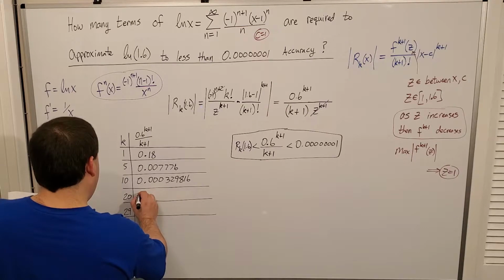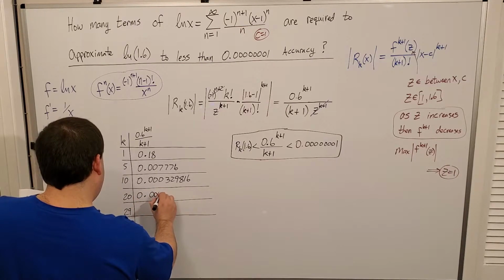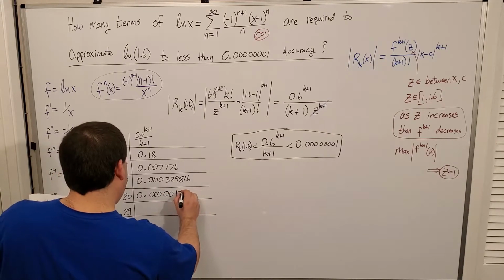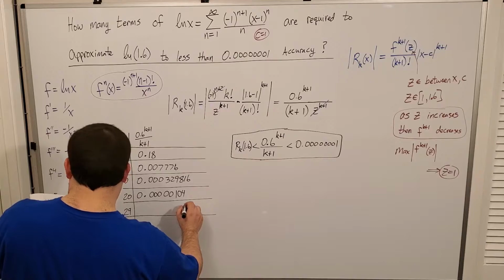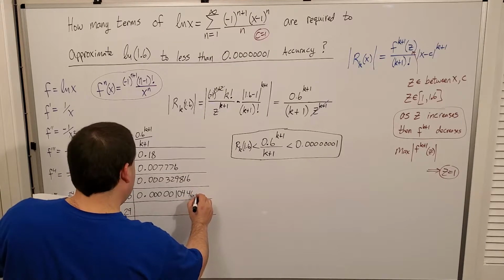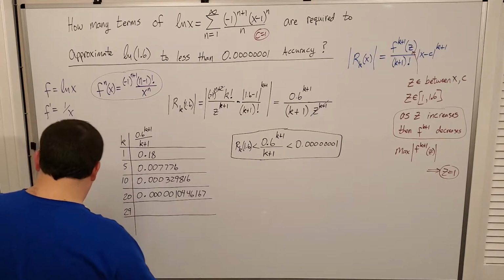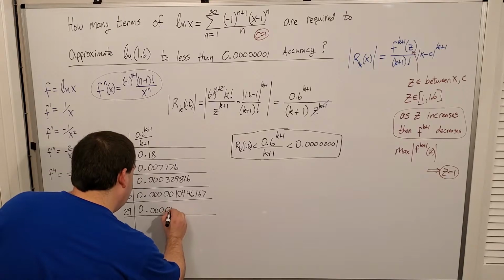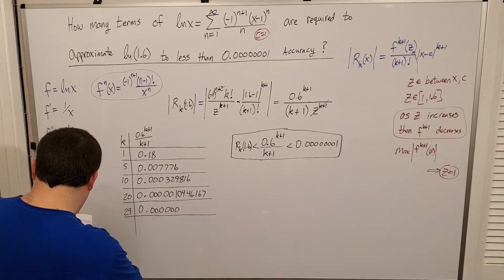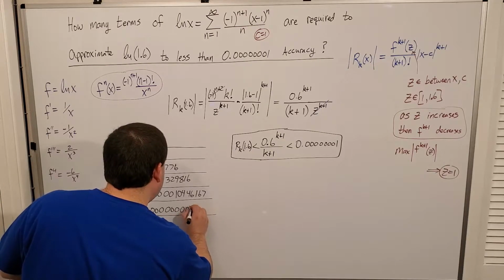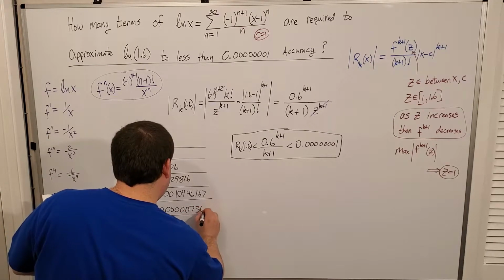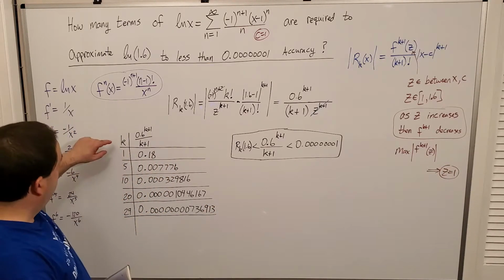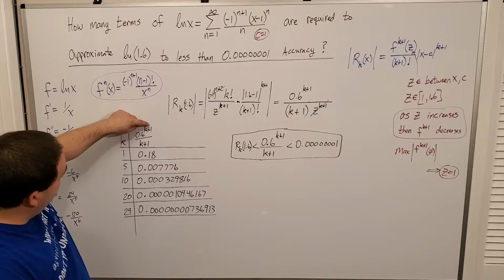For 20, I have 0.000000104, 4, 6, the rest doesn't really matter. And then at 29, I had 0.000000736,913.